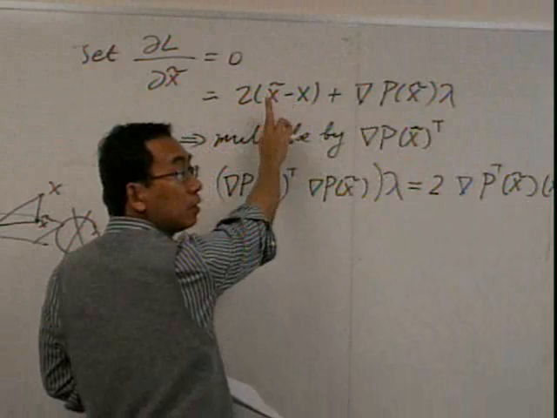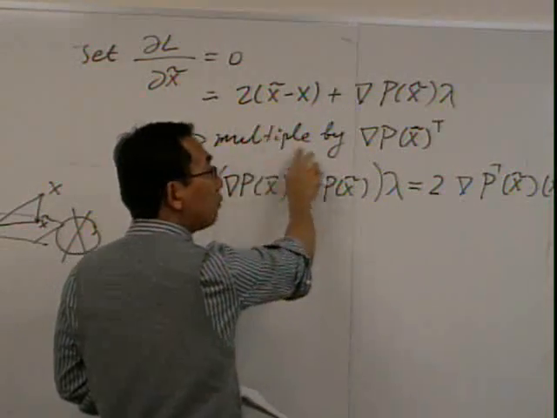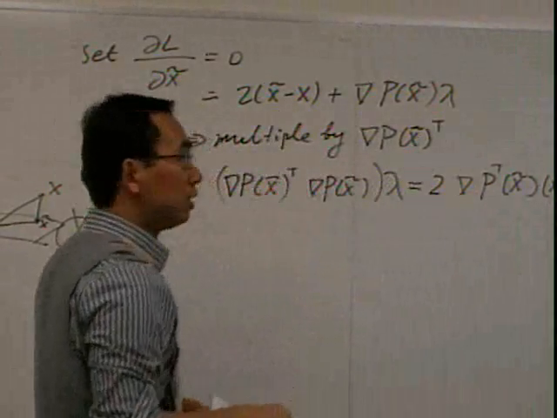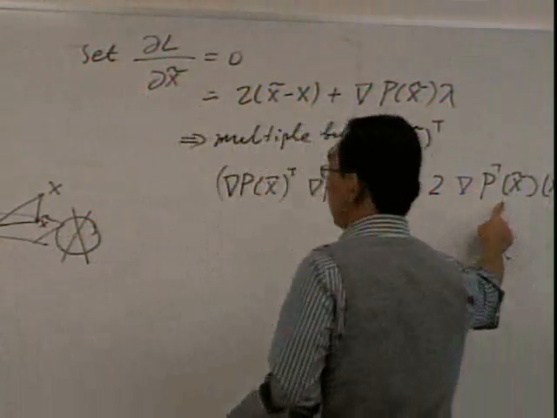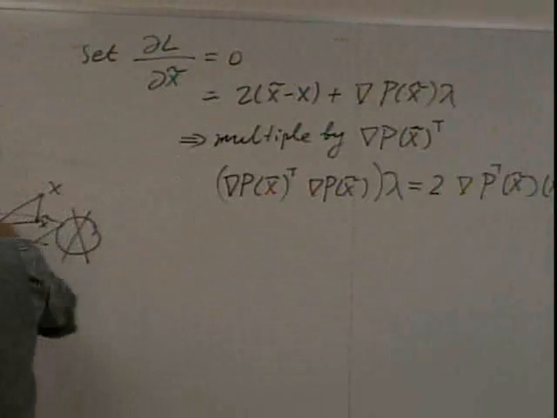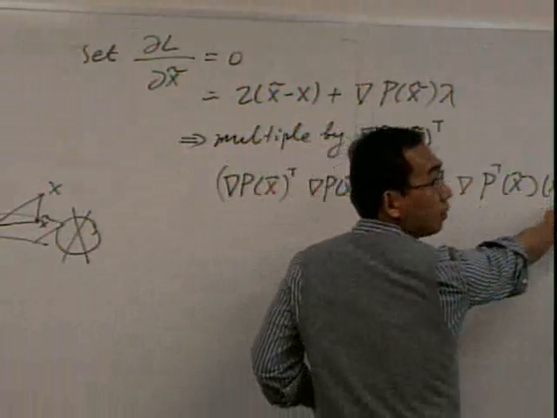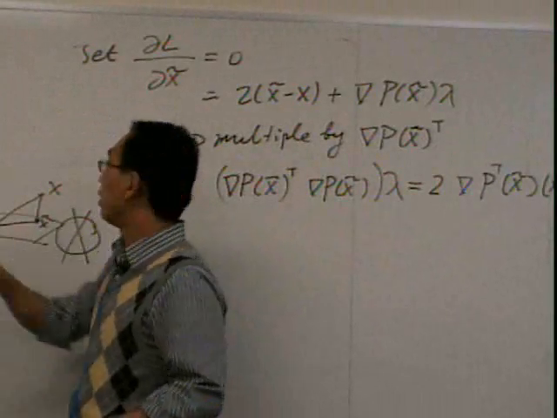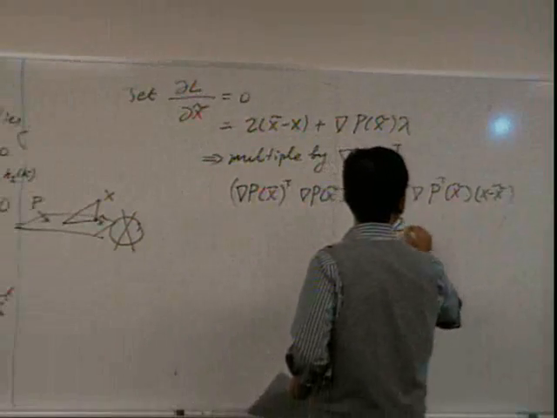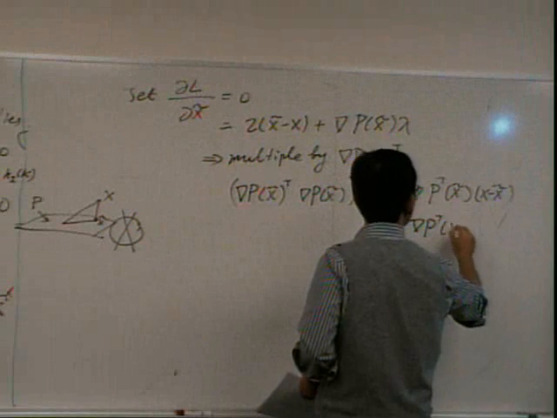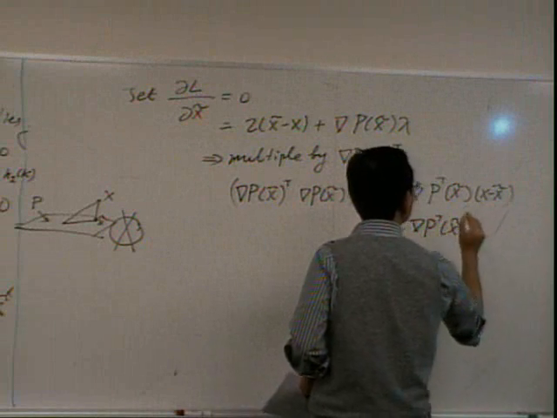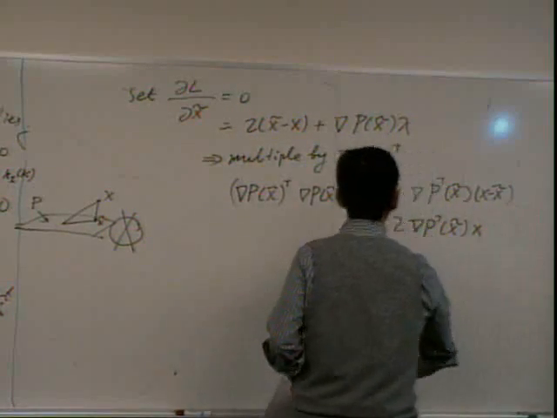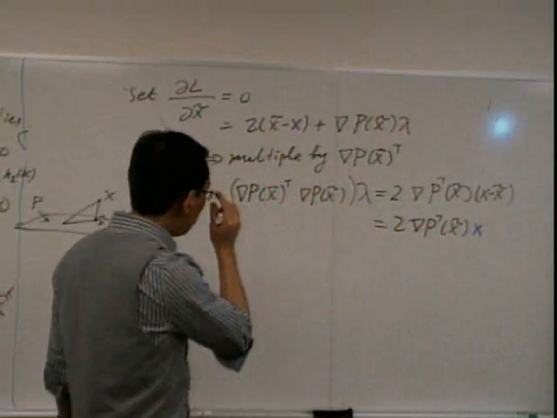And if you look at the condition I have here, this multiplied by this is equal to 0, as we set here, because they are orthogonal to each other. So this gives me 2 times x, right? So now, what's the dimension of this?